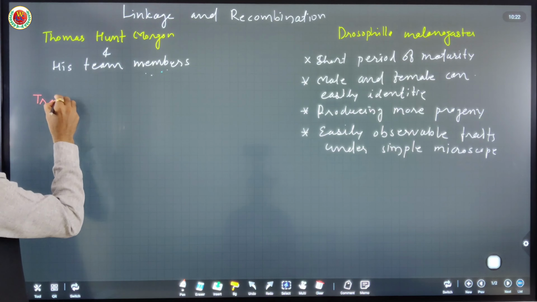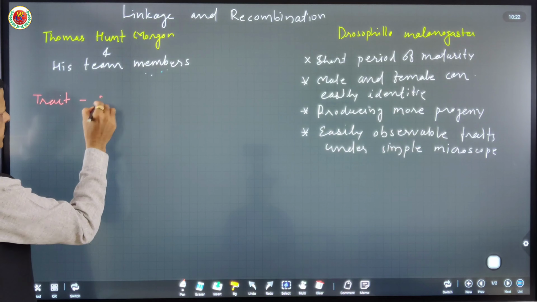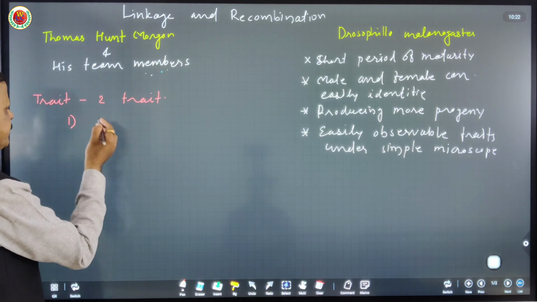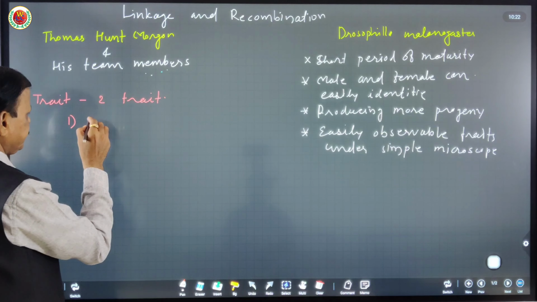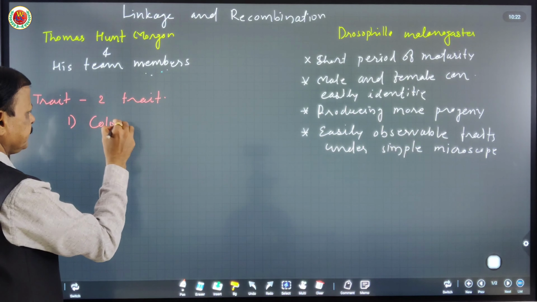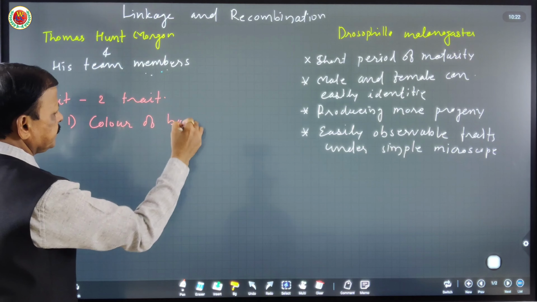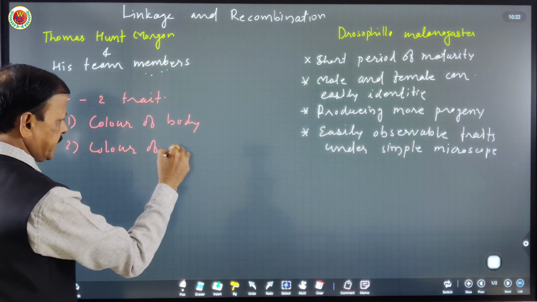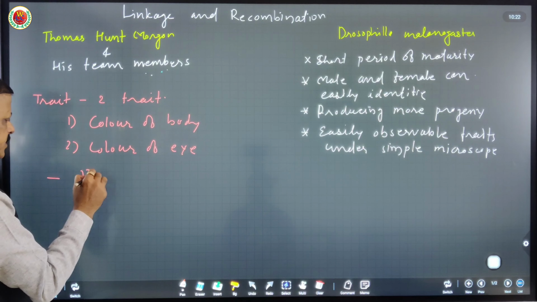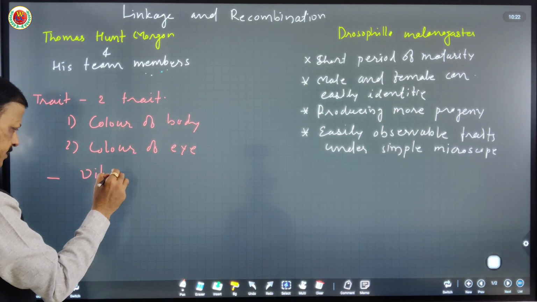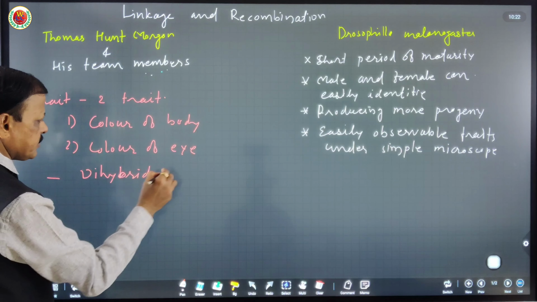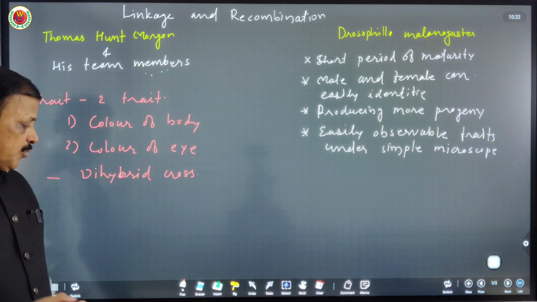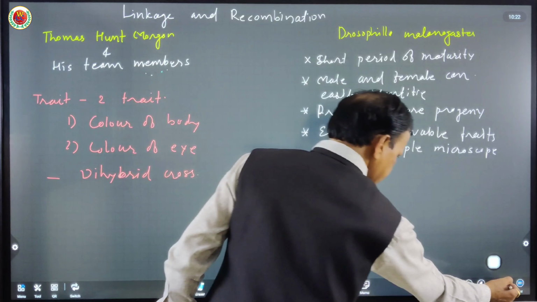One was the color of the body, and the second was the color of the eye. These were the two. Hence, this was a dihybrid cross. So let us study how they carried out that experiment and what observations they made.